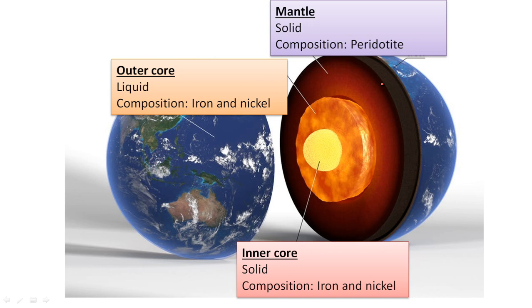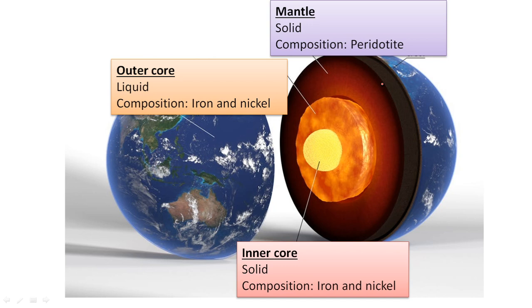Se comportan como de una manera plástica, como si fuese plastilina. So there can be a flow of rocks, puede haber un flujo de rocas into the mantle. Se pueden mover y deformar como la plastilina muy lentamente.